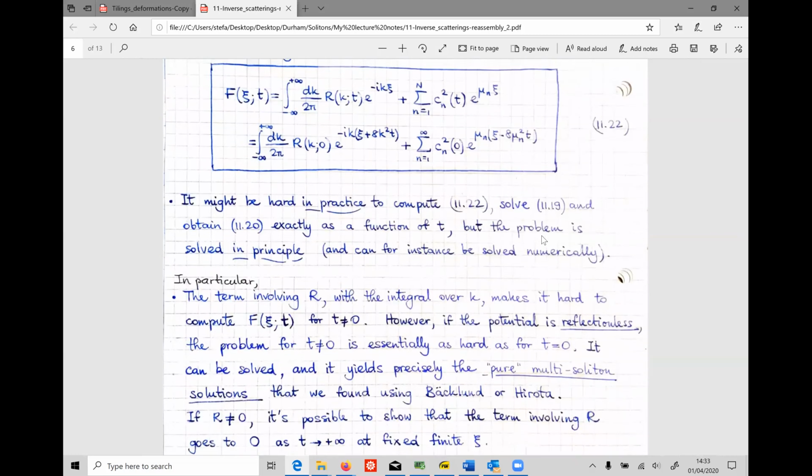There will be N different KdV solitons which evolve, with different heights, widths, and therefore different velocities. They scatter through one another, and when the KdV time t goes to minus infinity or plus infinity, they're all far away from one another, and you can really see that they look like single solitons.